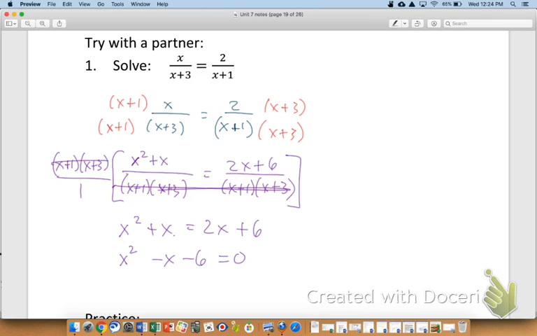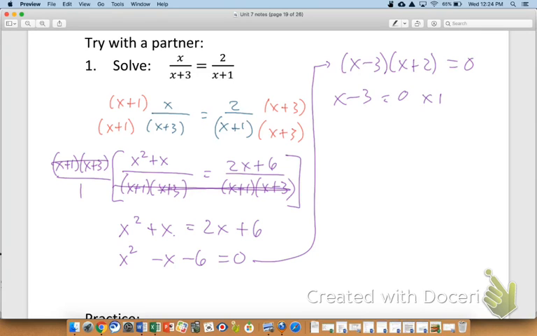My own personal thought is I would probably factor, just because for me that's easier, but for you that might not have been easier, and so you did the quadratic formula, and that's fine too. So x minus 3 times x plus 2 would be the factoring. And when you use the zero factor property, you get here, and you get here, and there. Anybody go back and take their answers and double check them by plugging back in to see if they really did work?